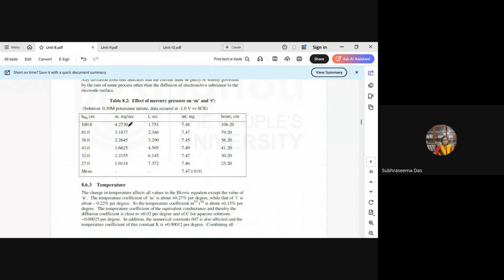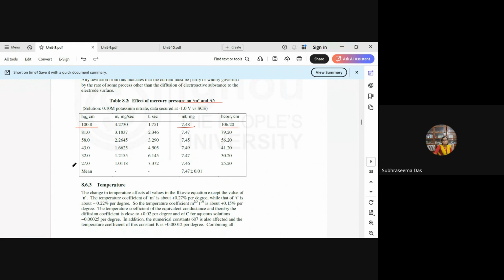So here in table 8.2, we can see the effect of mercury pressure on m and t. Here, when the height of mercury column is 100, the m is 4.2, time is 1.75, so m^(2/3) t^(1/6) is now 7.48, and the corrected height in centimeters is 106.